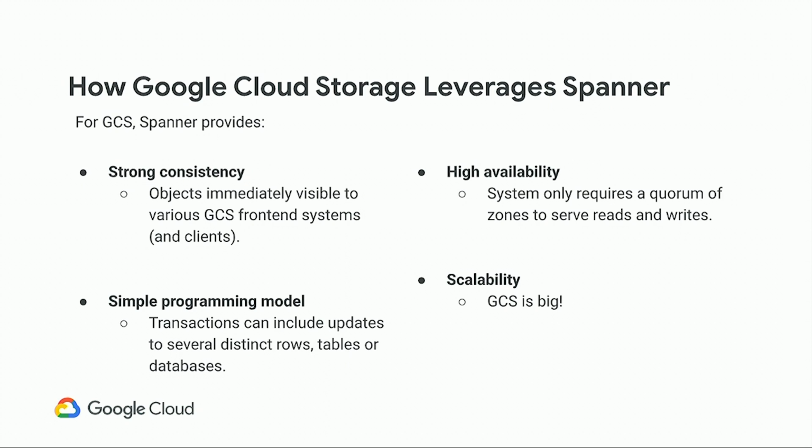GCS is made up of many independent components under the hood, and a lot of those components are interacting directly with metadata. And so the fact that all of these systems can interact transactionally in a variety of different ways with our metadata databases makes all of those systems pretty simple, and it gives us a lot of confidence that our metadata is correct and consistent.